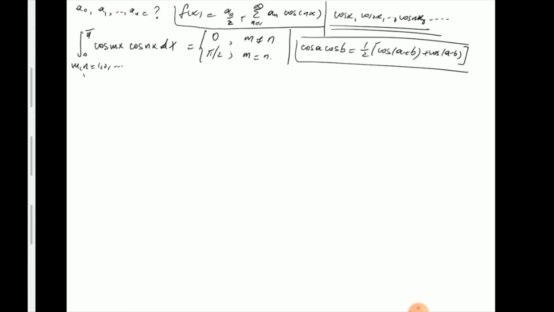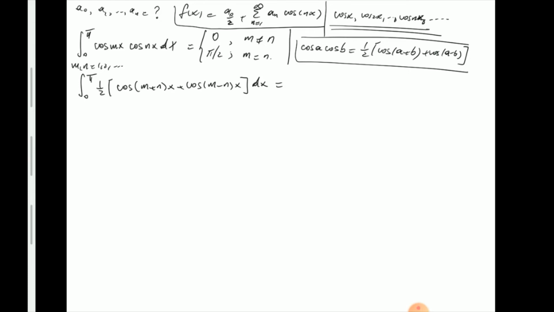All right, so let's go over step by step here. If we apply this property, the stuff inside the integral is going to be 1/2 cosine of (m plus n) times x plus cosine of (m minus n) x dx. So we can distribute the integral, and now it's basically a basic u substitution, right? m plus n is a constant.